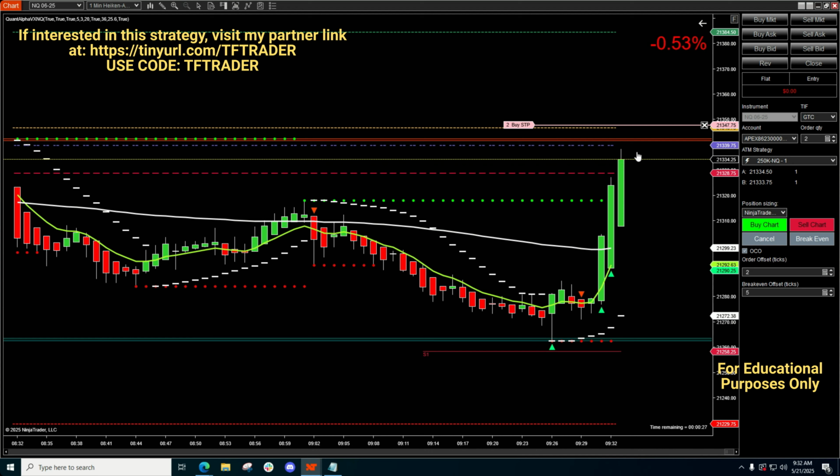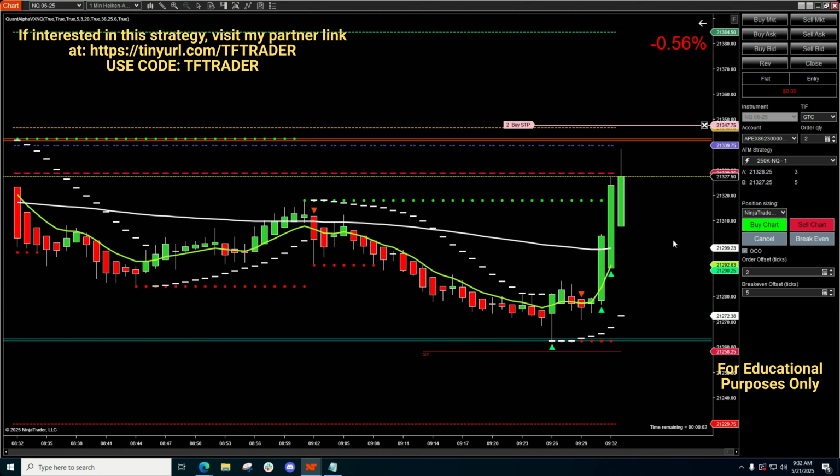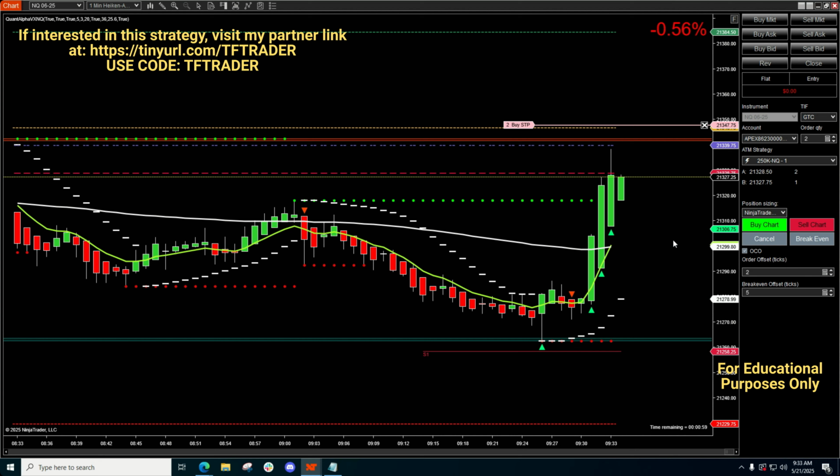If this turns into a high volume bar, we'll know in about 25 seconds. We did have one here. We had one here. We had one here. So there is some buying. There is high volume on this bar as well.